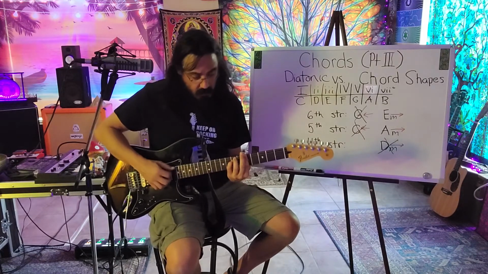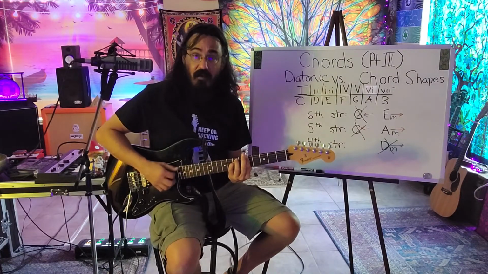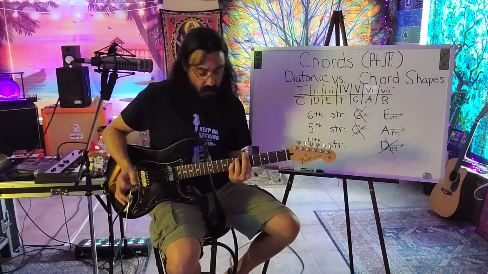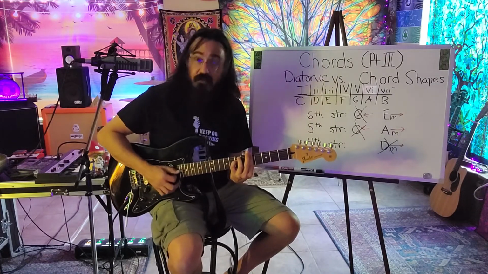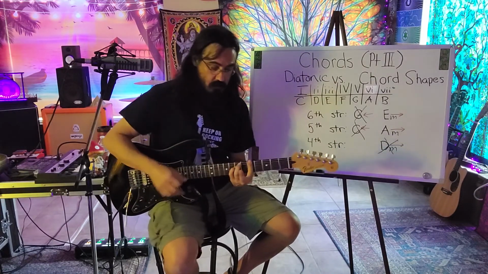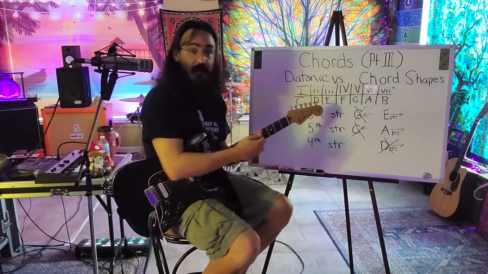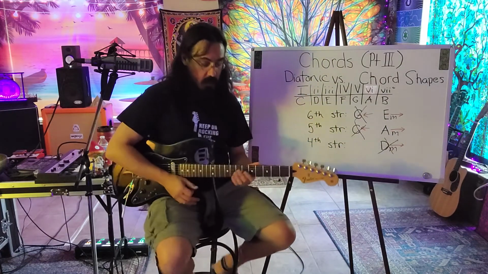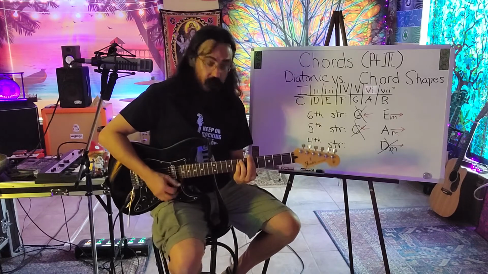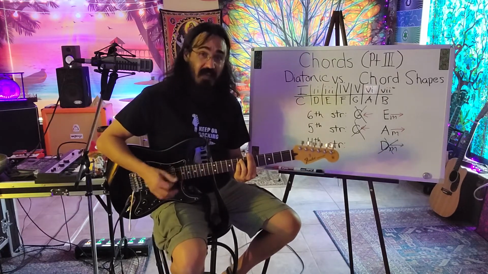I'm fretting the 7th fret on the 5th string, the 7th fret on the 4th string, and strings 3 through 2 are what I'm fretting with my index finger. Okay? So, I have an A minor using the E minor shape.